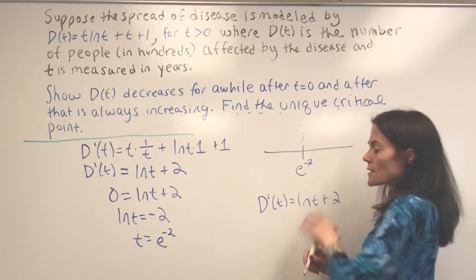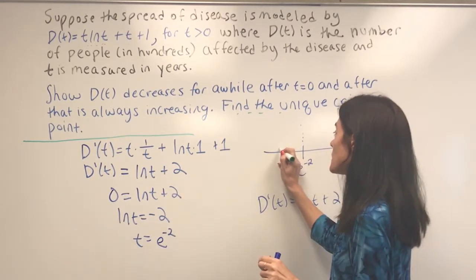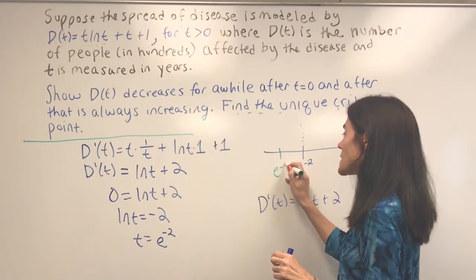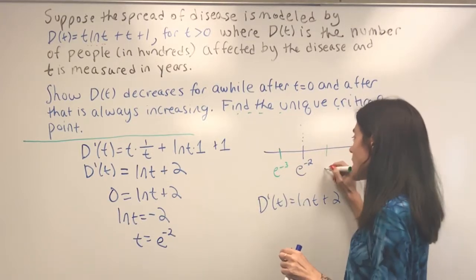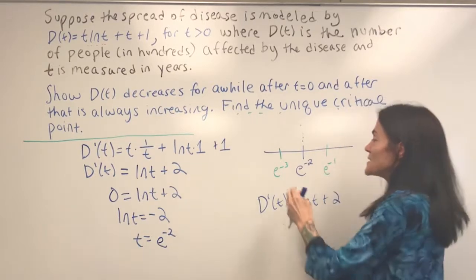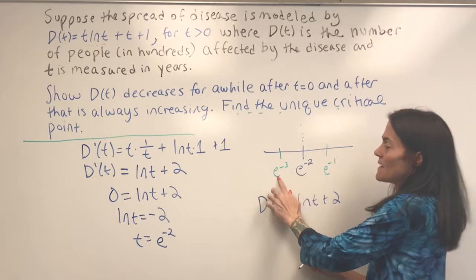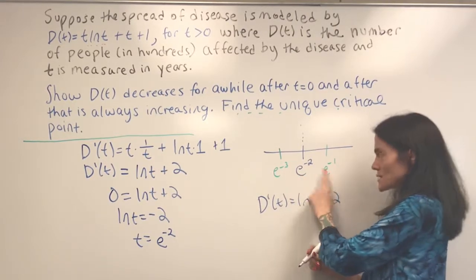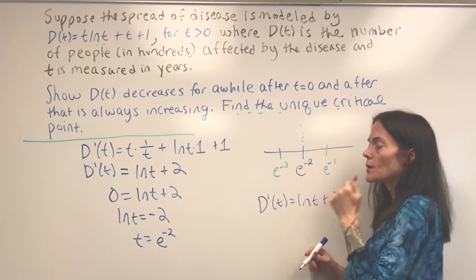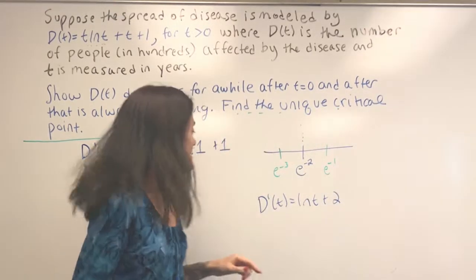I need something over here. We can choose on this side to be e to the minus 3, and on this side to be e to the minus 1. I'm doing that because I know that e to the x is an increasing function, and so this will be less than this number, and this will be greater than this number. But also, it's going to be very simple to look at the derivative.